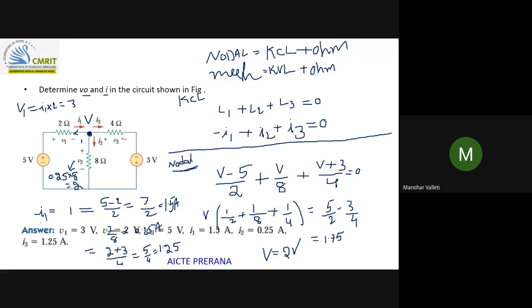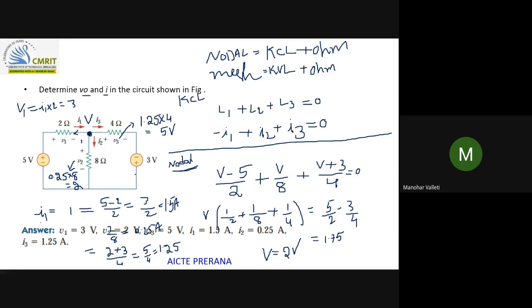I3 is 1.25 multiplied by 4. V3 is 1.25 multiplied by 4. How much? 5 volts, right? Yeah.